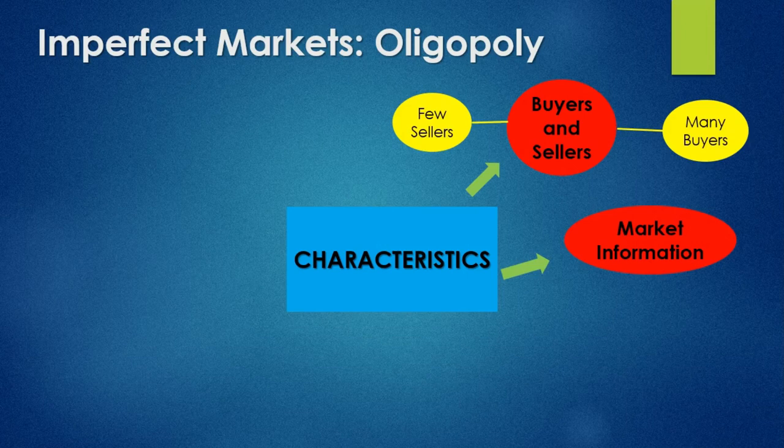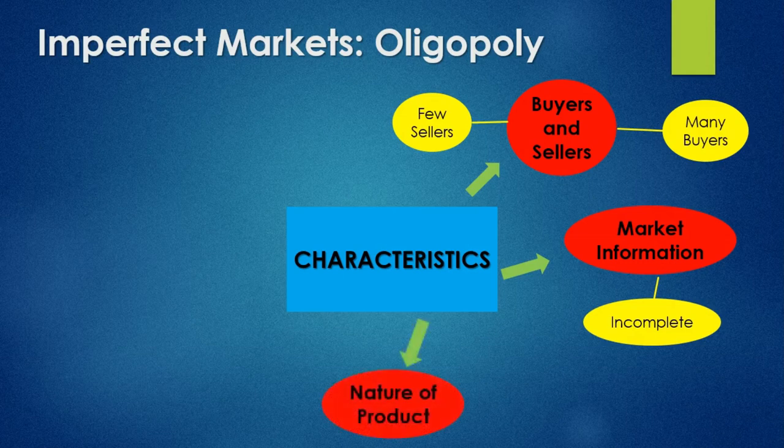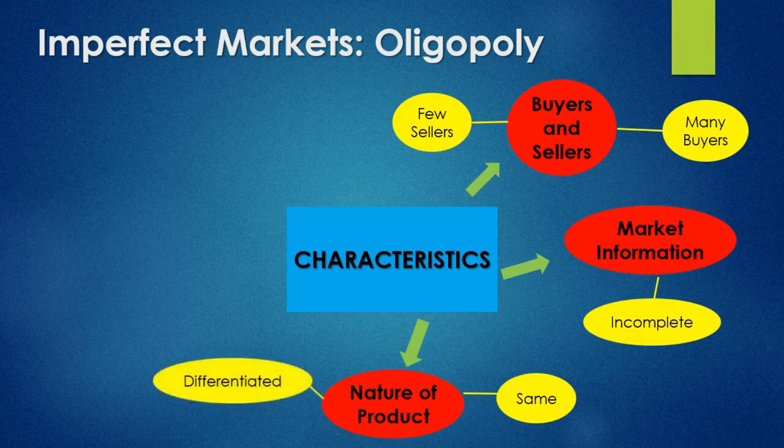For market information, they have incomplete market information, and this means that they don't know all of the trends that are occurring. They take it as it comes. We look at the nature of the product. What kind of product do they sell? They sell the same product as their competitors, or they sell differentiated products, meaning that it's very similar, very close, but it is still different.